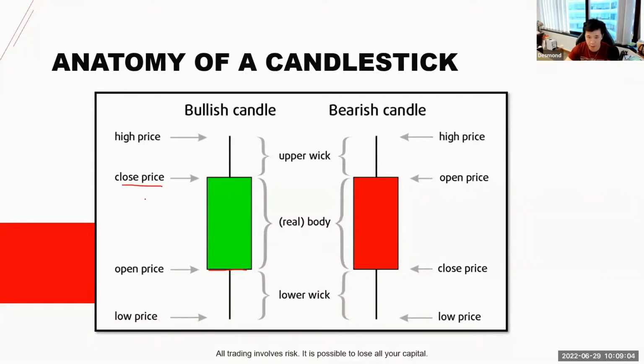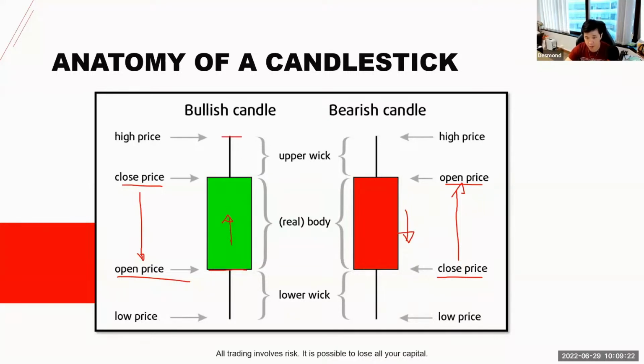When the closing price is above the open price, you get a green candlestick. If the closing price is below the open price, you get a red candlestick, showing that it's a bearish candlestick.